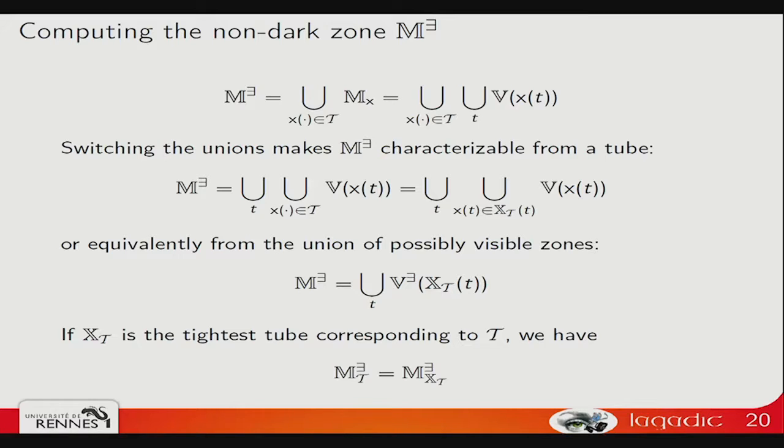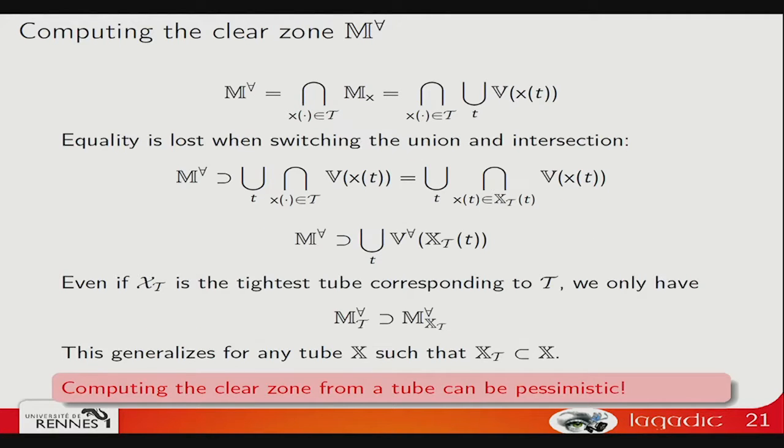So we will have an upper bound of the non-dark zone. For the clear zone, it's not the same because it's an intersection of the covered zones for every feasible trajectory.